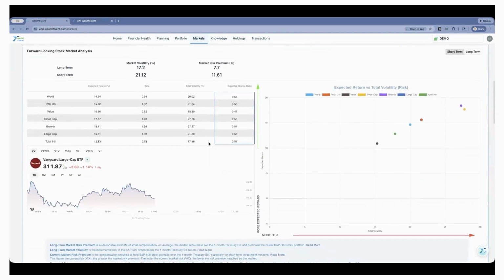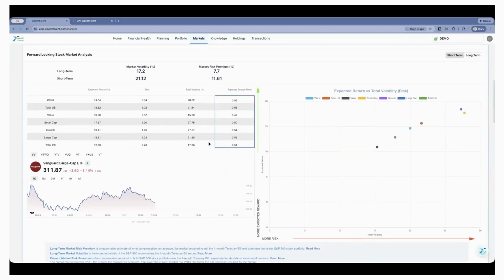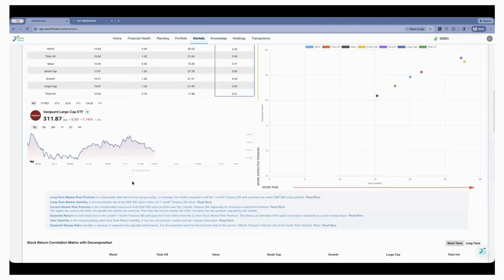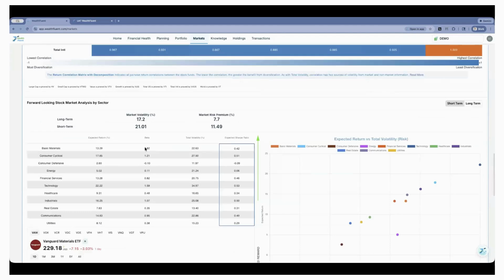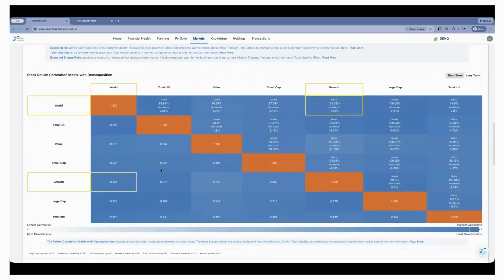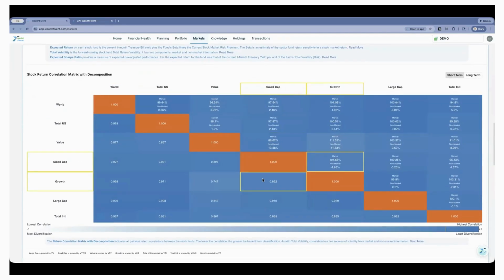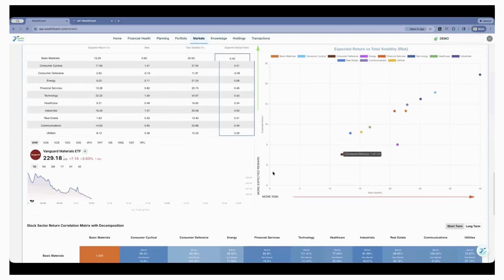You're also able to look at where the stock market forward looking is at any moment, what your return versus volatility trade offs are. You have access to all the components that make up that, understand correlation. So there's a lot of analysis and details here that you can look at.